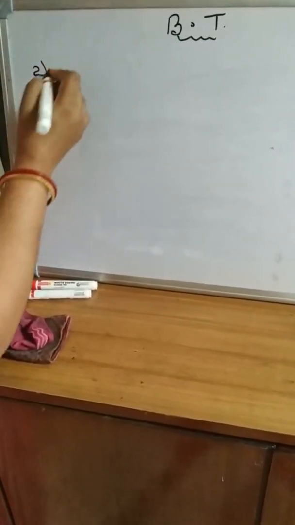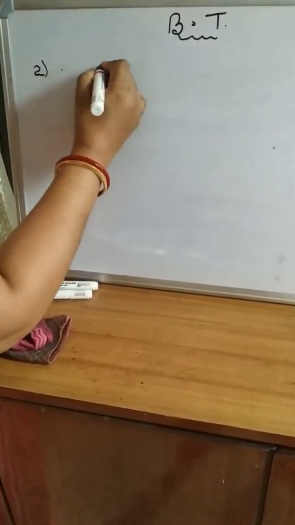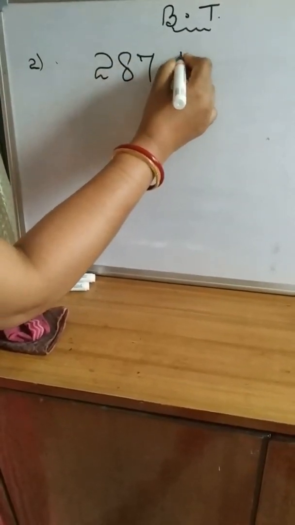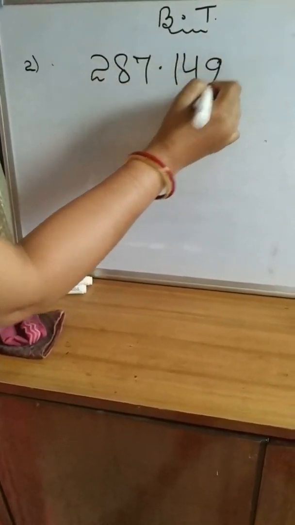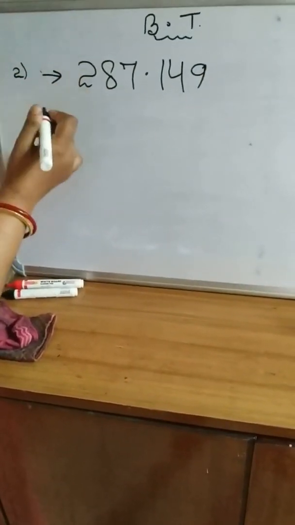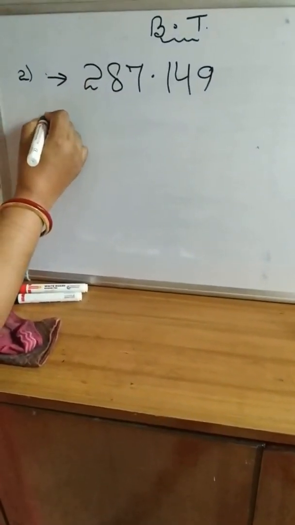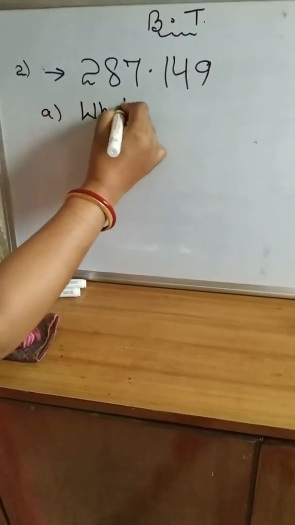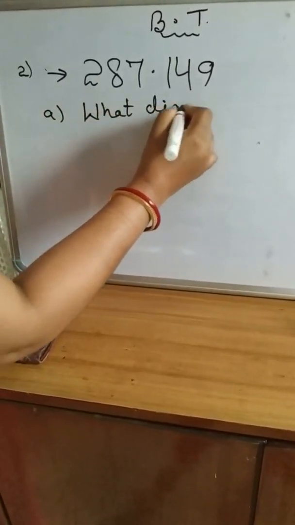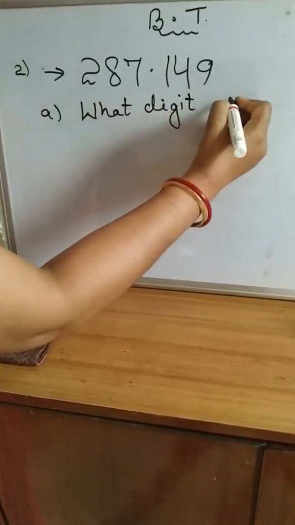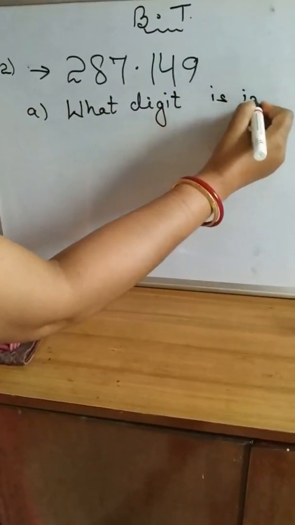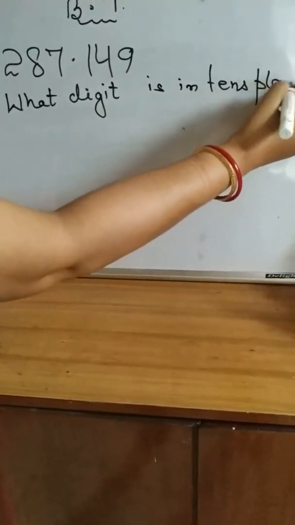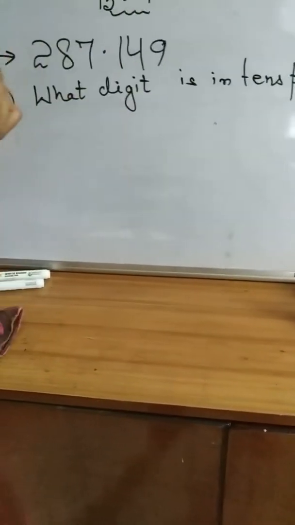In question number 2, look at the given number. The question is, what digit is in the tens place?